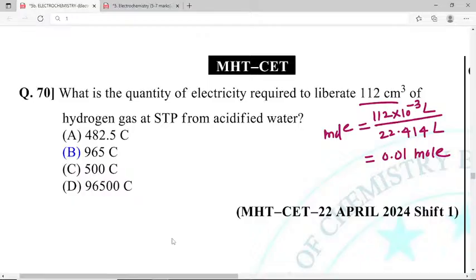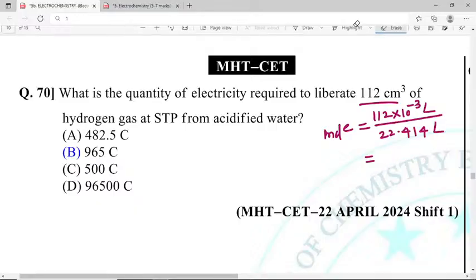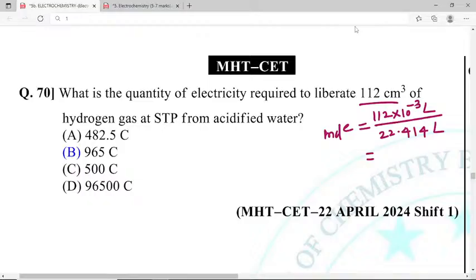Like chlorine. So hydrogen gas is H2, so the value here is 1 by 2, and 10 to the power minus 3.